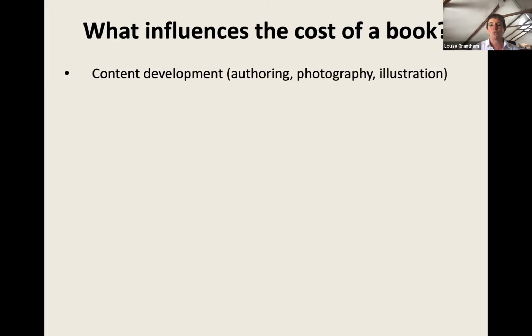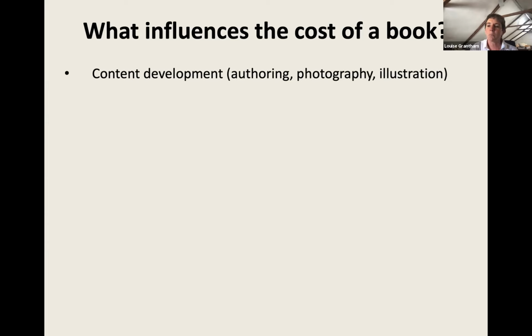So really, elements of the content development, the authoring. I think we often think, particularly in a forum like this, of one author who writes a book. But in fact, books are generated in many different ways and may have very many different people who are part of that content development. I think particularly of school textbooks, for example, or university textbooks, where the team might be quite a large group of people involved in authoring, photography, illustration.